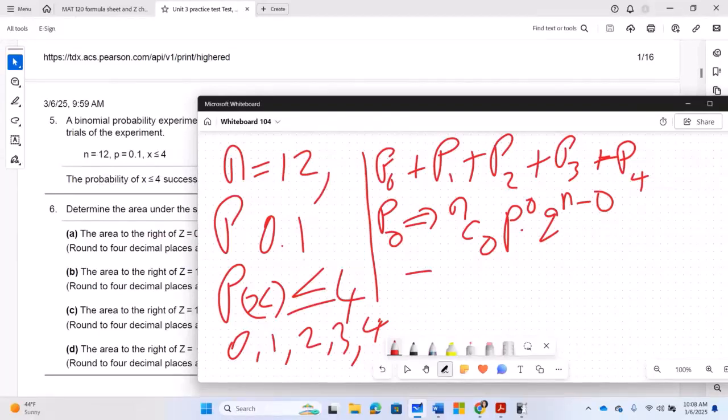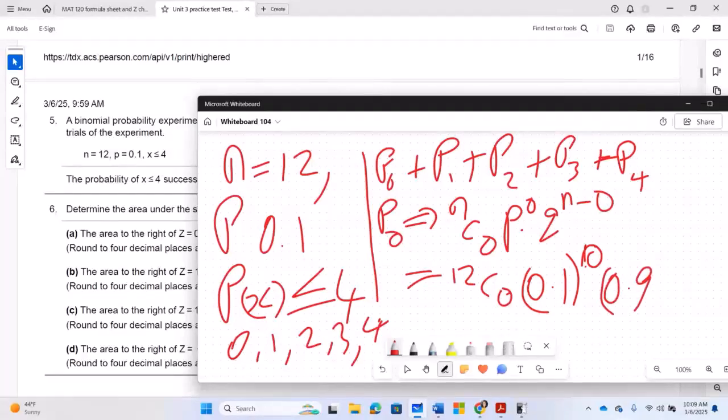So 0 is here, n is 12, 12 combination 0, success to power 0, probability of success is 0.1, so I might as well put it in there. 0.1 to power 0, and failure is 1 minus success, which is 0.9, to power 12 minus 0, which is 12.